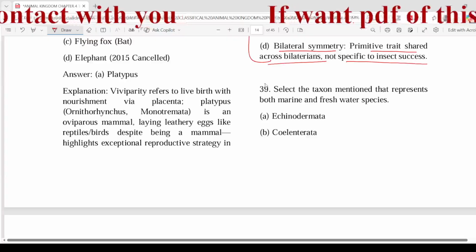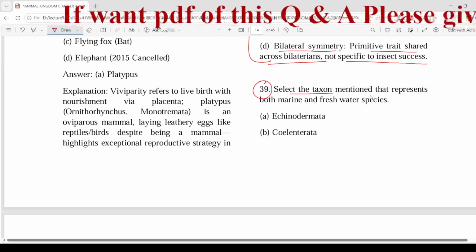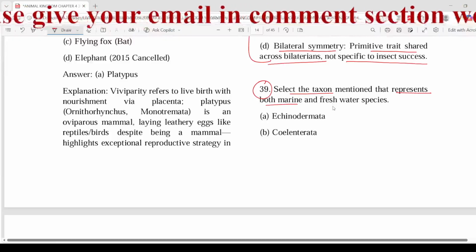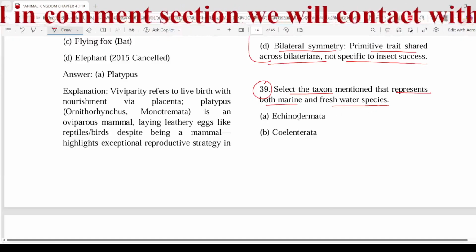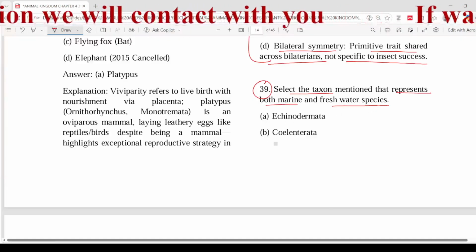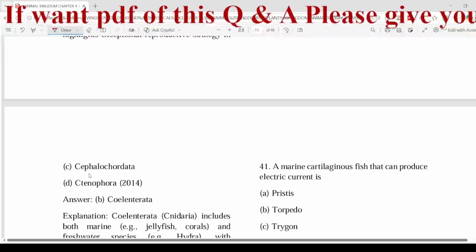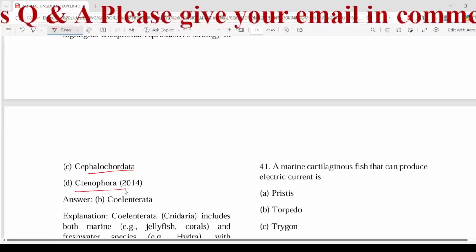Question number 3.9. Select the taxon mentioned that represents both marine and freshwater species. Option A echinoderms, option B coelenterates, option C cephalochordata and option D ctenophores.